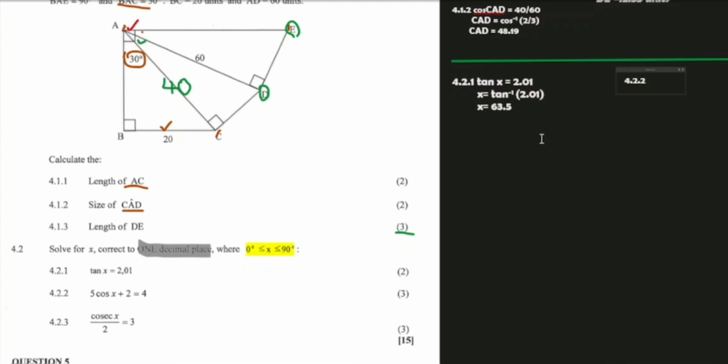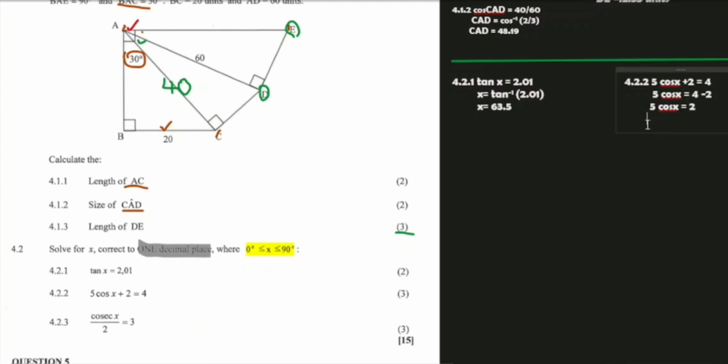4.2.2, it says 5 cos x plus 2 equals 4. Right, so first things first, you're going to say 5 cos x plus 2 equals 4. Take 2 to the other side, minus 2. You're going to be left with 5 cos x is equal to 2.